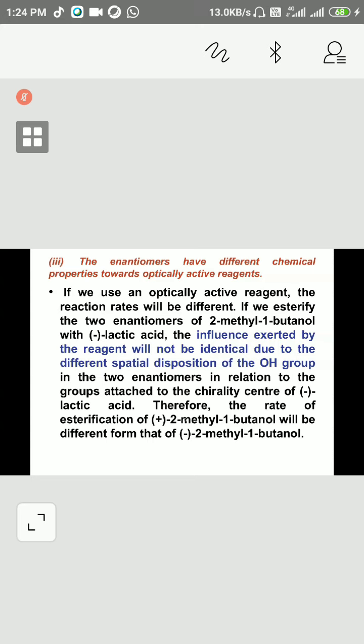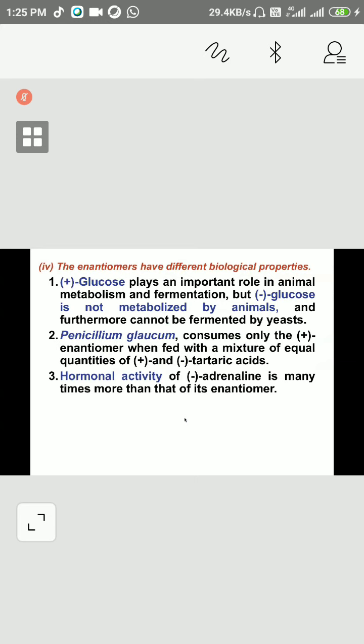Therefore, the rate of esterification of plus 2-methyl-1-butanol will be different from that of minus 2-methyl-1-butanol. Means plus and minus have different reactivity with optically active reagents. So if you want to differentiate them, you can do the reaction with optically active reagents.